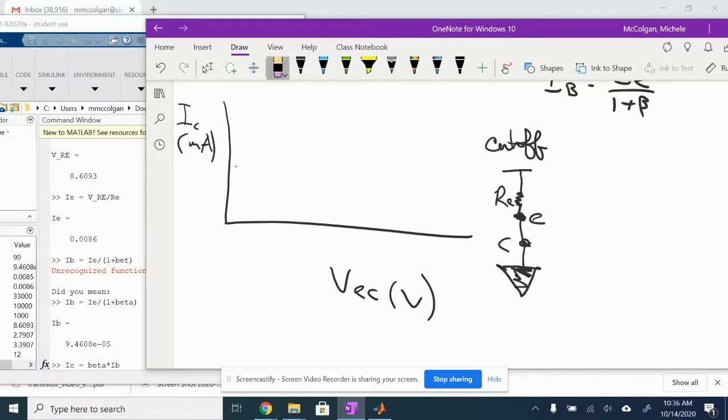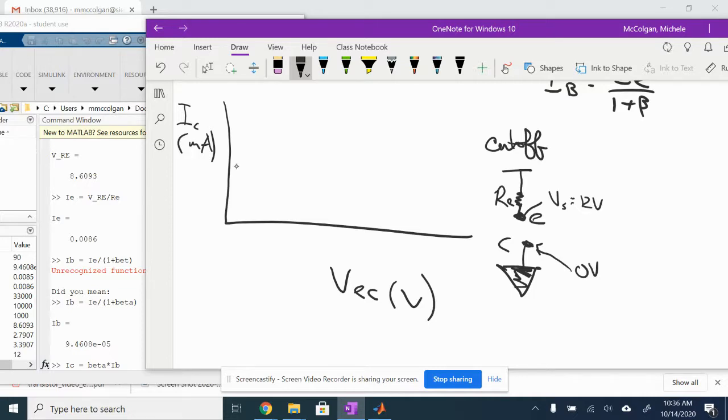In this case, the C and the E are not connected. It's open. So when I measure the voltage at E, because no current can flow, there's no voltage drop across RE. So this has to be at VS, which is equal to 12 volts. So the voltage at E in cutoff has to be 12 volts, and my voltage at C has to be 0 because it's connected to ground.